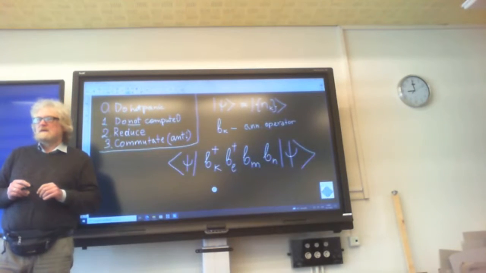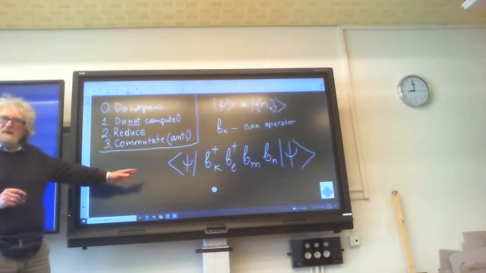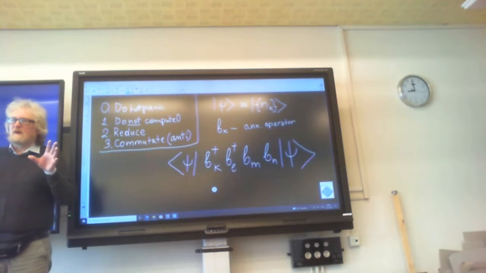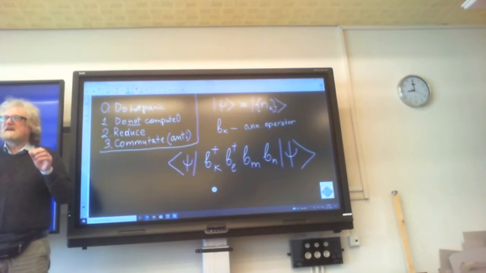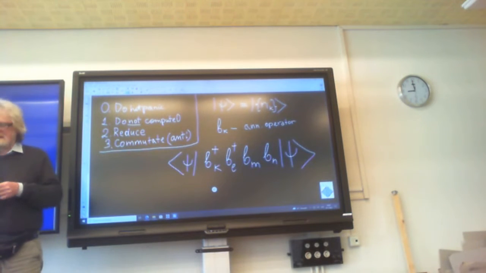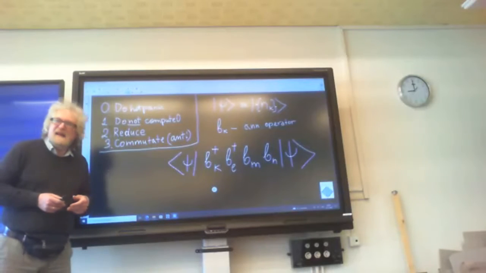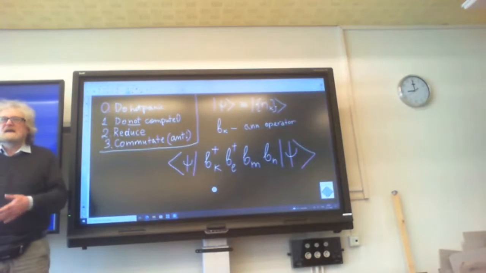So for practical application, that may be a term arising from computing the first order correction in interaction. One of the terms which enter these expressions. So it is a very practical task. And K, L, M, N are indices. At the moment, they are not fixed.